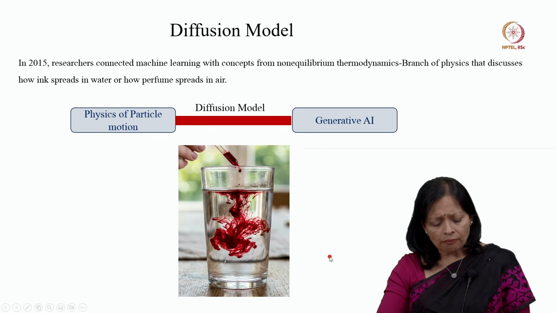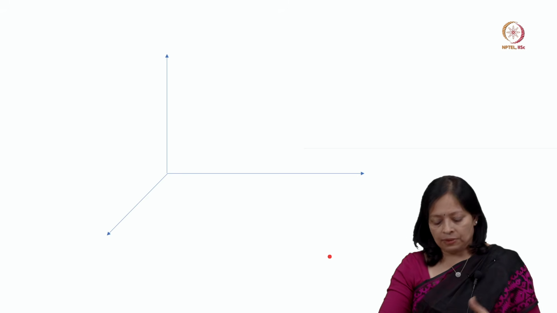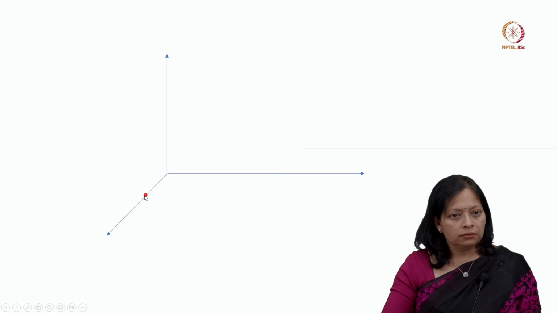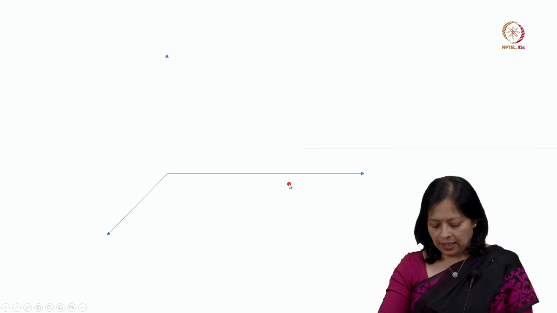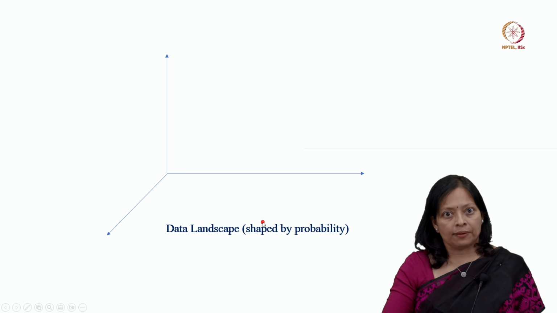Okay. Now, we will see how diffusion came into the picture in generative models. Let us take a coordinate space x, y, z, and call it a data landscape.